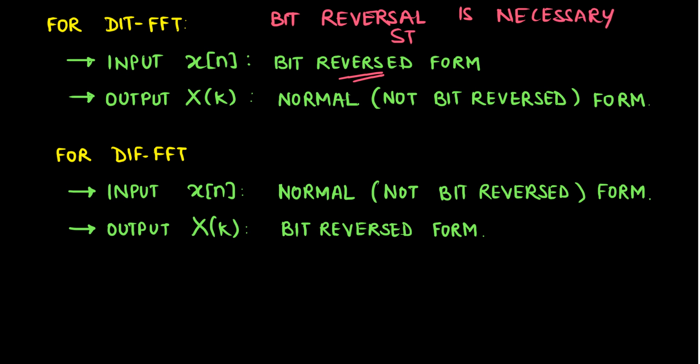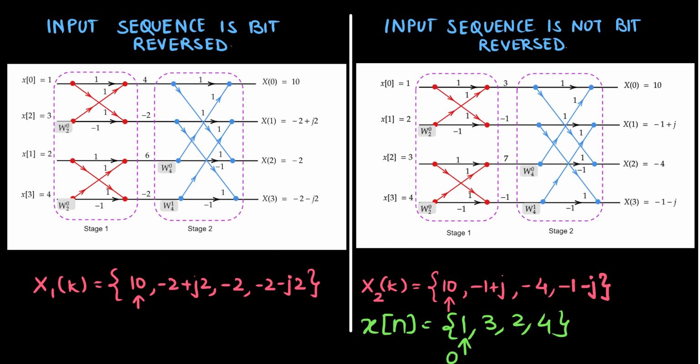It is a mandatory step, and it has to be done in order to get the proper output, that is X of k, and that we have seen in this simple example.